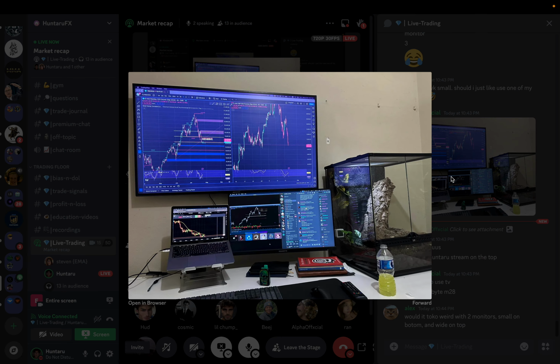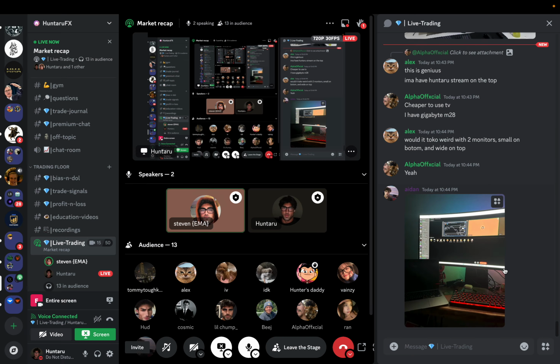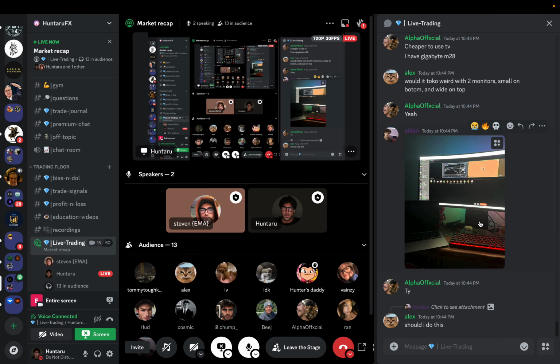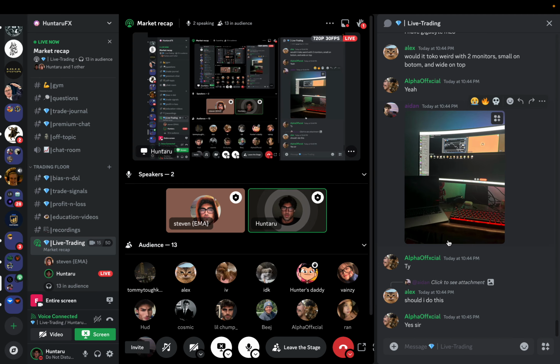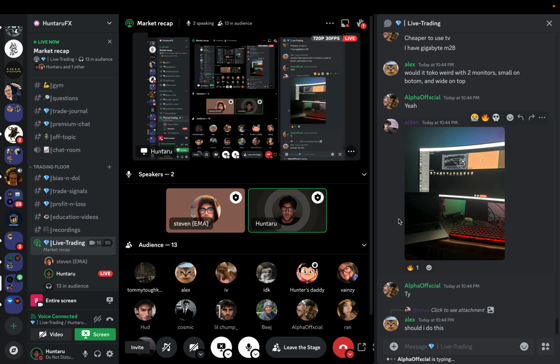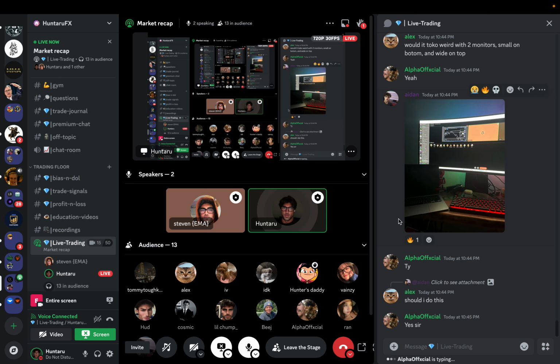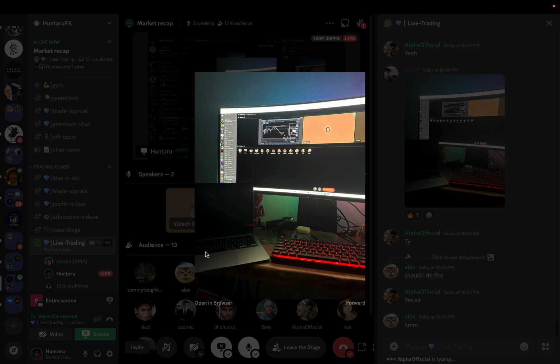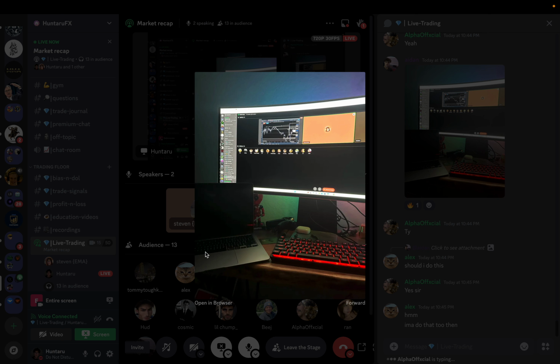Is this your setup, bro? This is a fire setup. This is alpha setup. This might be the best setup I've seen, bro. Is that all powered by that laptop? That's what I do. I have a laptop and a monitor, so I have technically two monitors, but it's only one external monitor because I have a laptop. It's really easy.